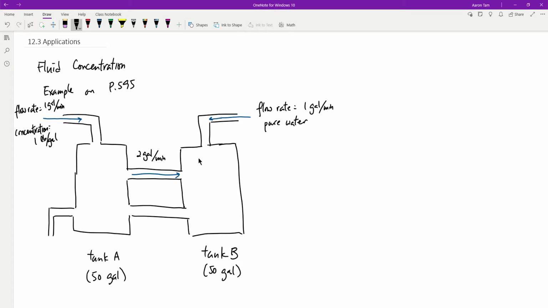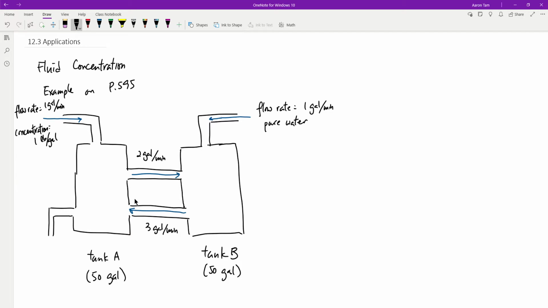But notice that tank B now has 1 gallon going in from the top pipe and 2 gallons going in from tank A. Therefore, technically speaking, that's a total of 3 gallons per minute going into tank B. So that excess water has to leave. It will go out this way on the bottom pipe at 3 gallons per minute.